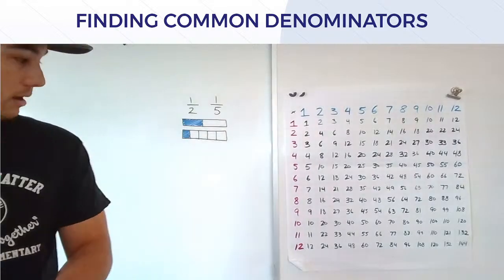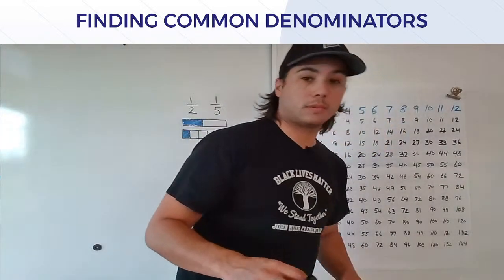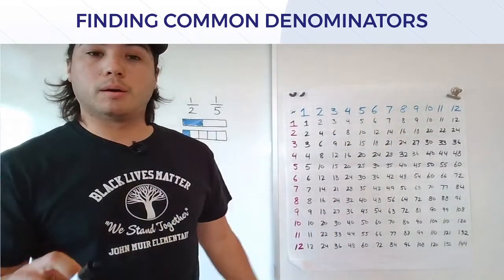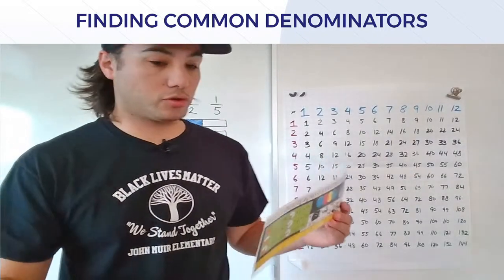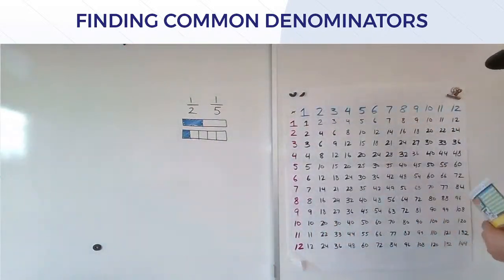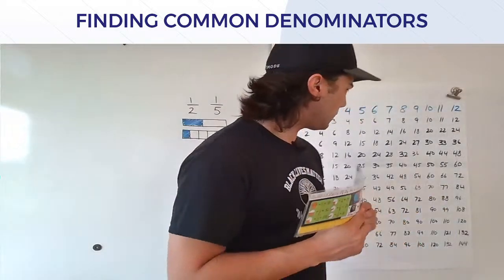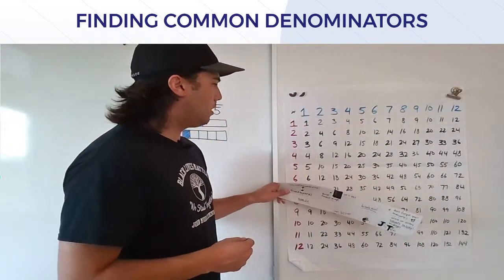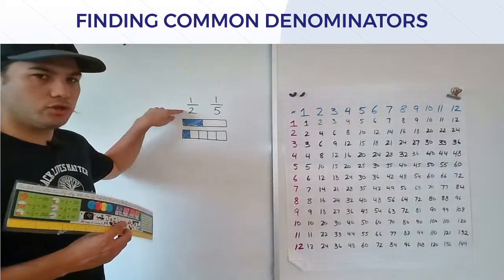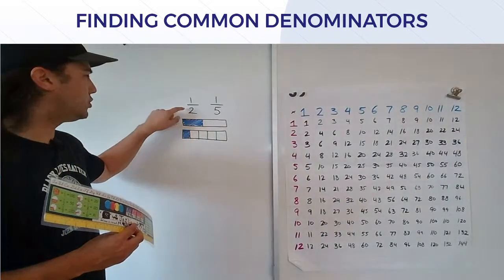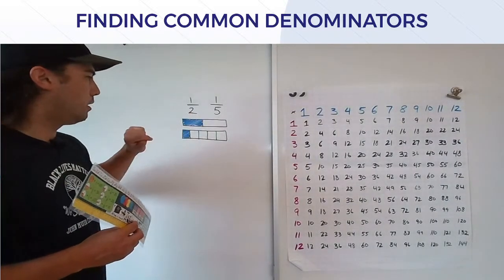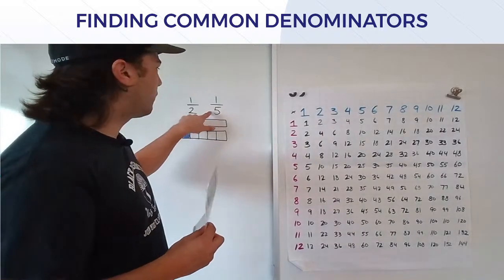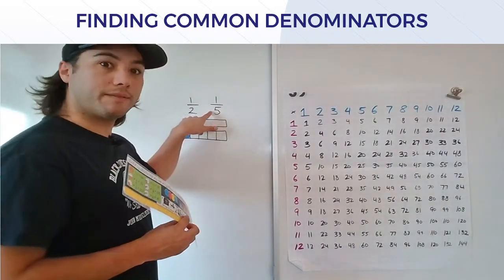I'll use Jaslea's today. If we take something flat or something straight to keep our attention, and we come over here, and we look in the 2's row, our multiples of 2. And then we're going to look in our 5's row, our multiples of 5.